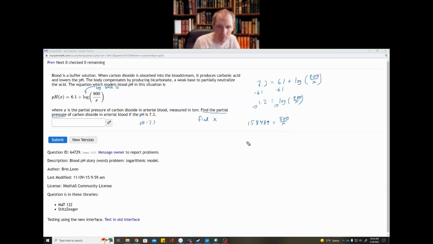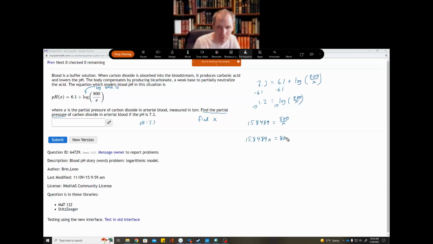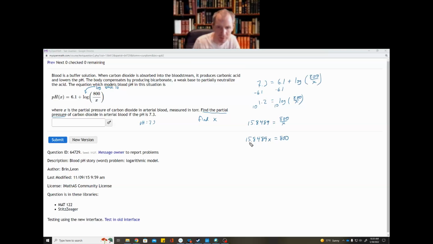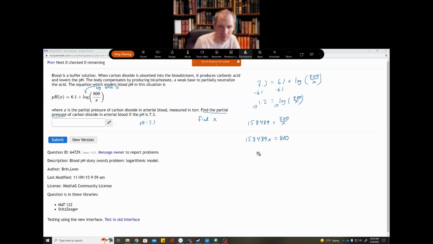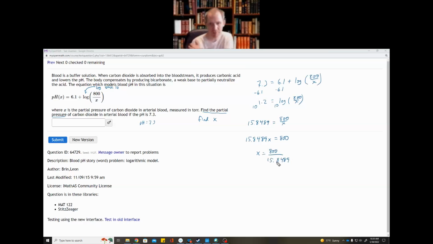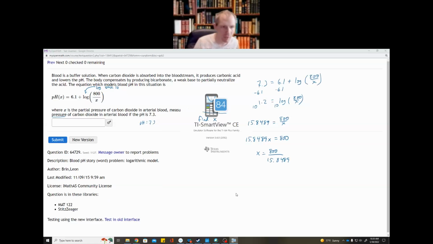Now I multiply both sides by x, and then divide both sides by that 15.8489. On my calculator, I'm not actually typing 15.8489. When I did 10 to the power of 1.2, I let my calculator keep all of the decimal places so that I don't lose anything along the way.